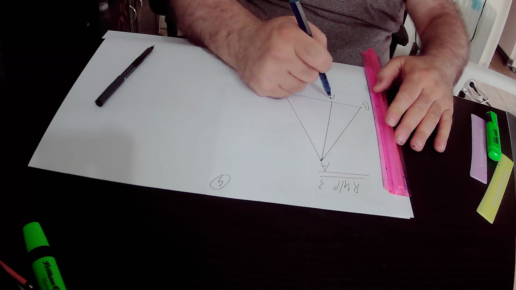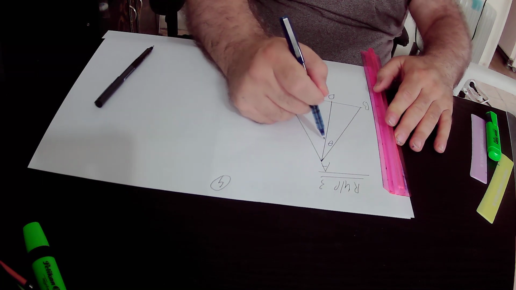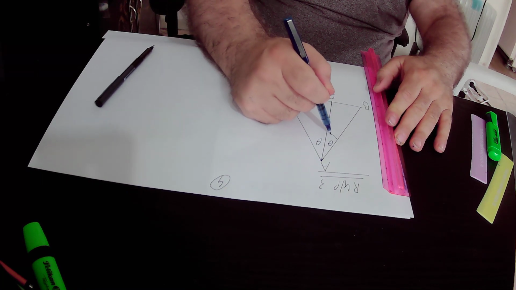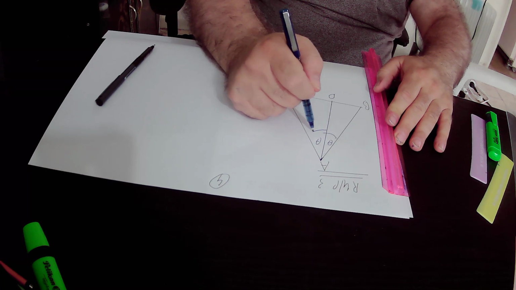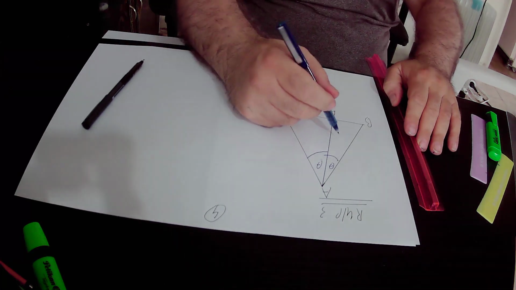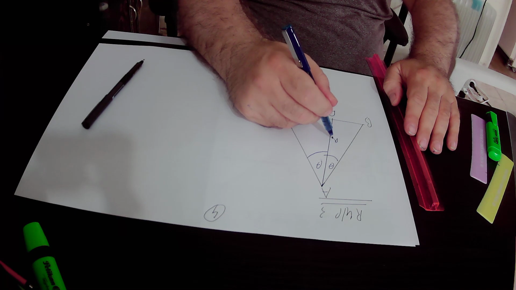AD is angle bisector because it divides angle BAC into 2 halves, each half equals theta. So I write it down here that AD is angle bisector.